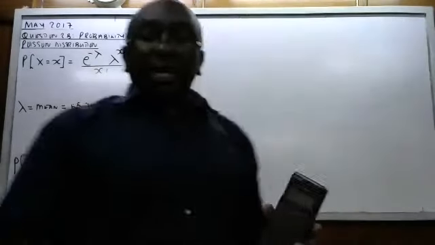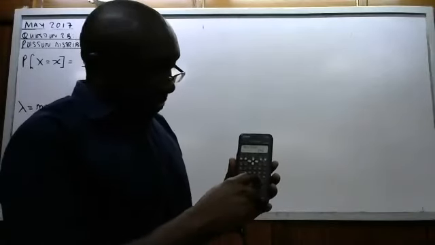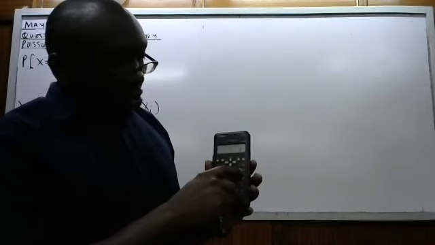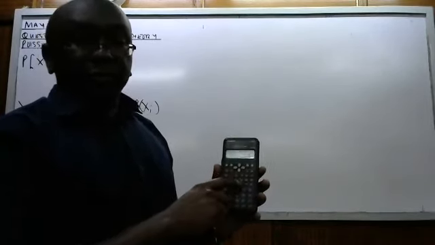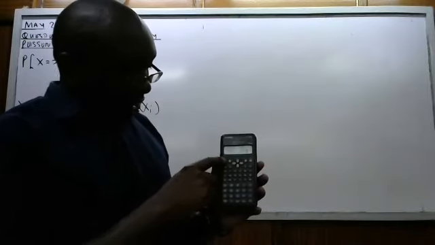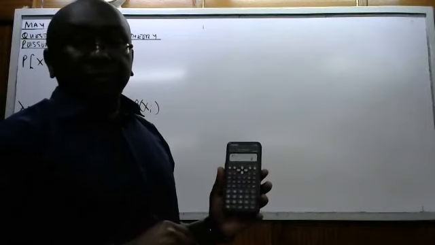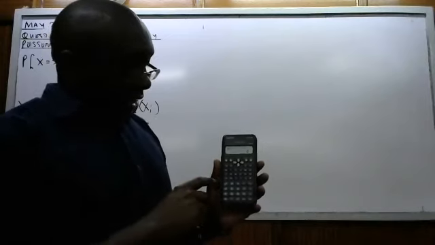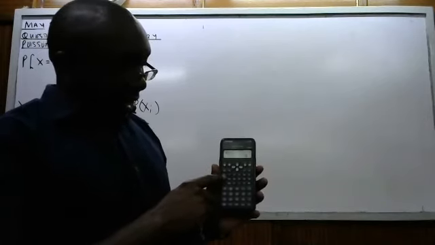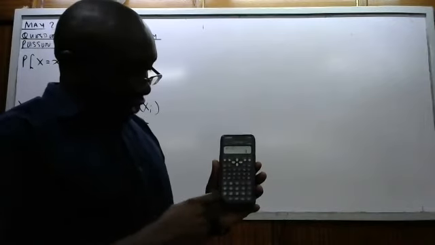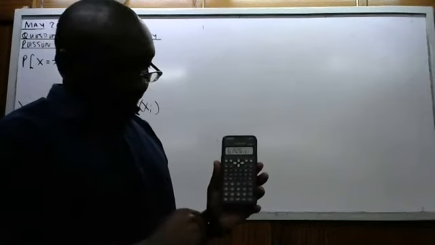So in case you have forgotten how to go about it, look at what I have here. You go to this button, ln, natural log. First of all, you say shift natural log so that you get e on the screen. Then you press this one for the negative, e to the negative, in brackets, minus 0.45. First you say equals.